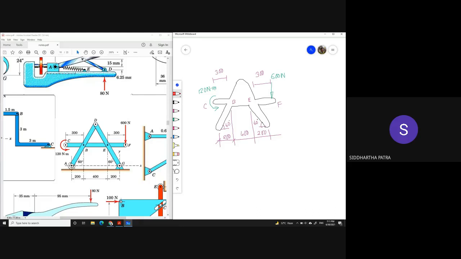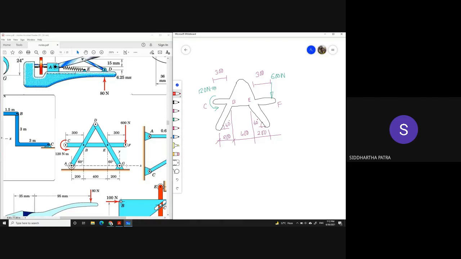A right here is a roller support. That means A can only prevent motion normal to the plane, but in absence of G, this entire structure, without changing its orientation, can also slide along the plane.